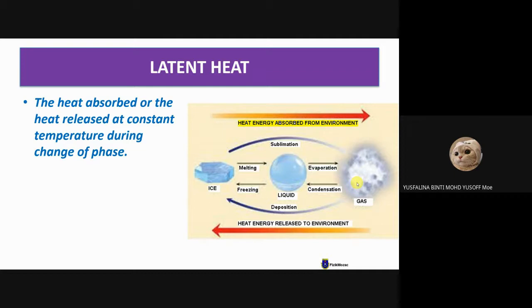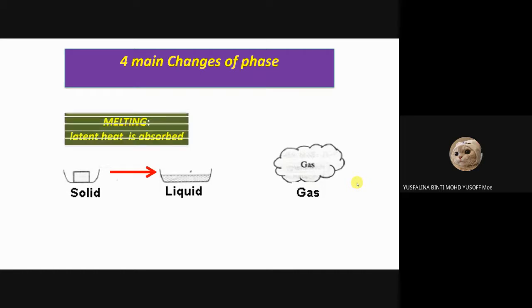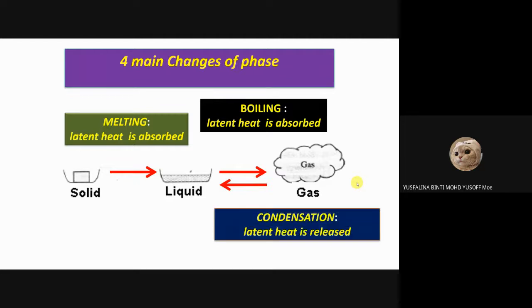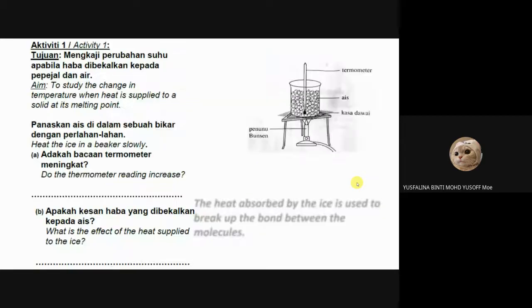So that is the latent heat. There are four main changes of phase. This one is melting, which I already discussed. This one is boiling, from liquid to gas. Gas to liquid we call condensation, and liquid to solid we call freezing. This one I just discussed.